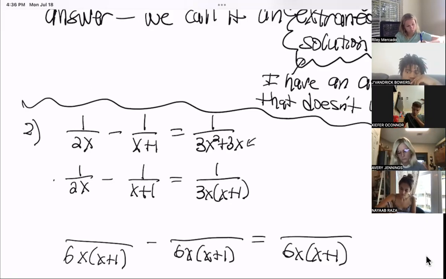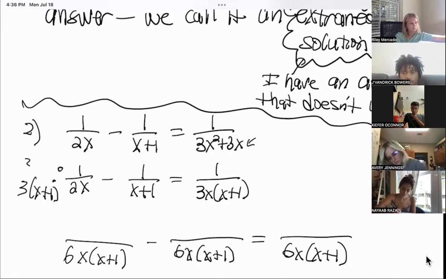All right, so what do we multiply 2x by to get 6x, x plus 1? Well, 3 to make 6, and we already had the x plus 1. So this is going to be multiplied by 3, x plus 1. So this becomes 3, x plus 1.